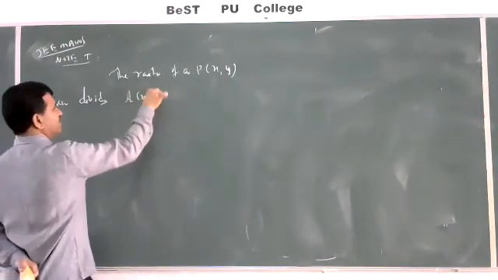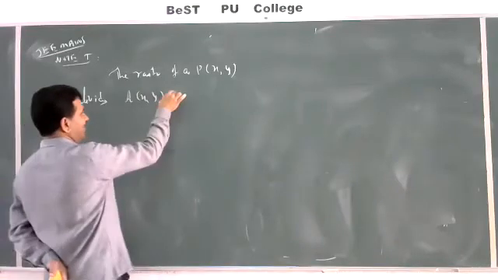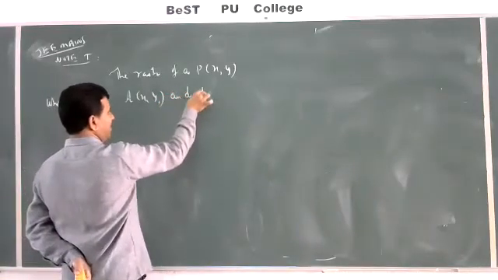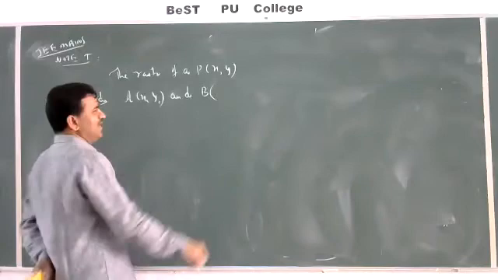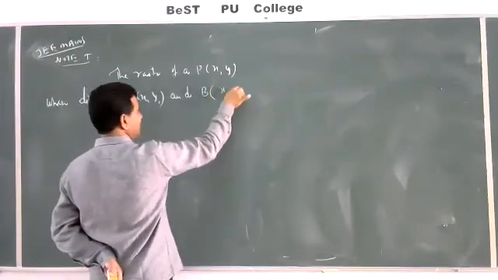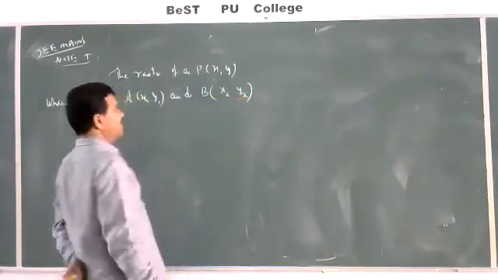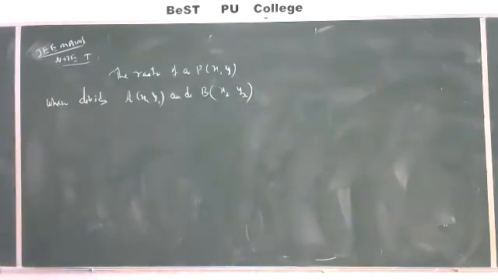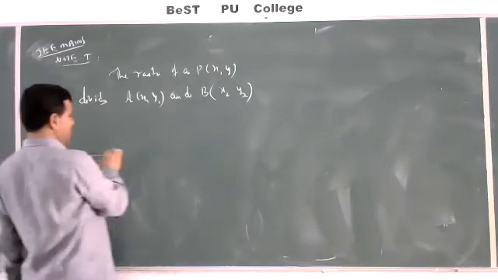A(x1, y1) and B(x2, y2) is... Listen to me, don't get confused.